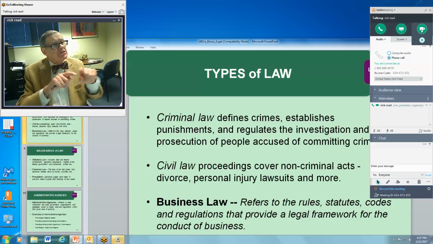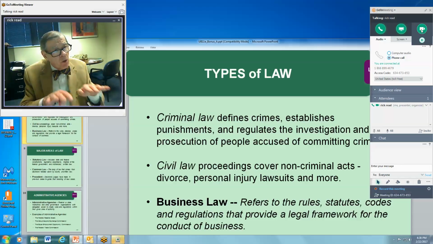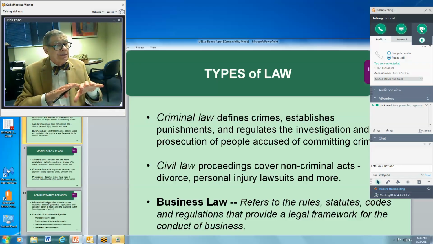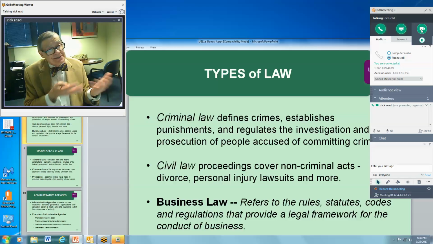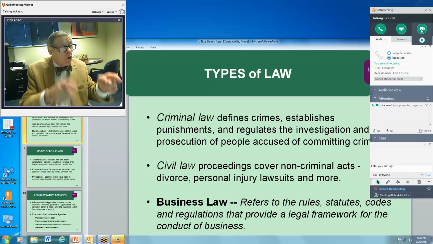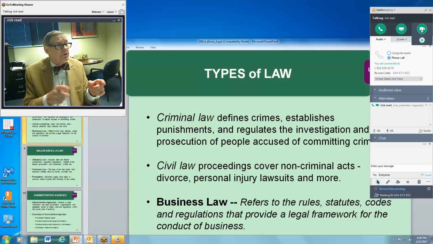Business law is different than these other two. The business law does not normally go to a court, but it gives us a framework under which business is conducted, contracts, etc. Now, that does not mean to say that somebody could not go to court over a particular issue, which is business related.